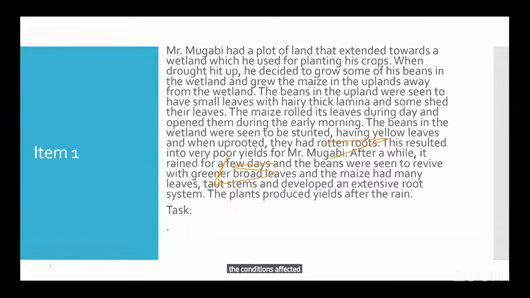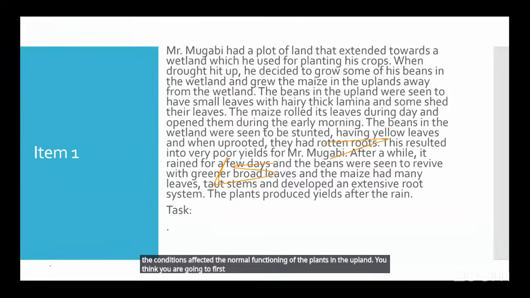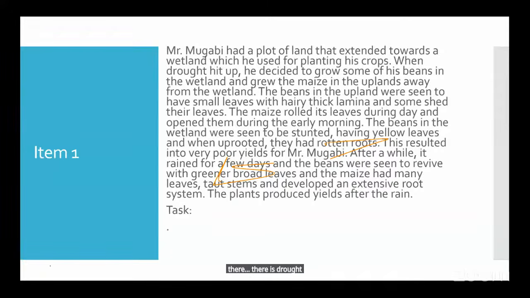Then for my response, since they've told us how the conditions affected the normal functioning of the plants in the upland, we are going to first look at the fact that there is drought, because one of the signs that appeared is that the leaves rolled during the day and opened during the early morning.